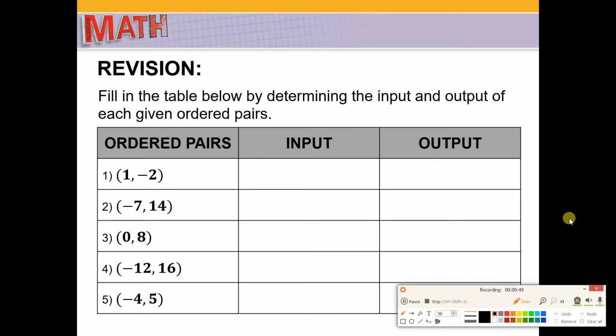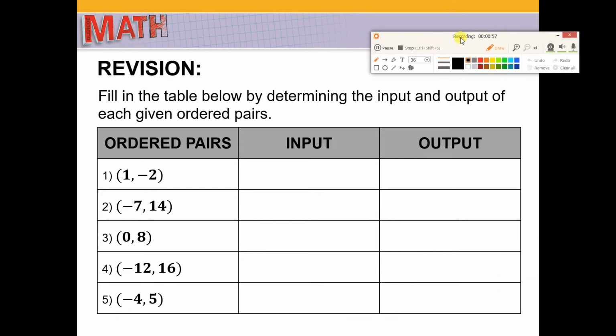Let's have a quick revision about the first part of our lesson, which is about the input and output of ordered pairs. Let's answer this table. Fill in the table below by determining the input and output of each given ordered pair. If you can recall from our previous video, input is it X or Y?